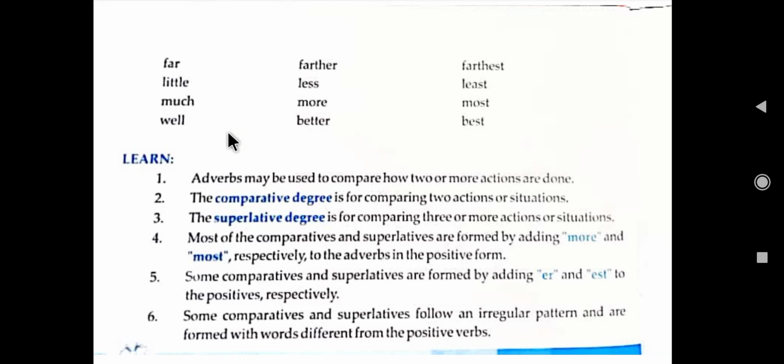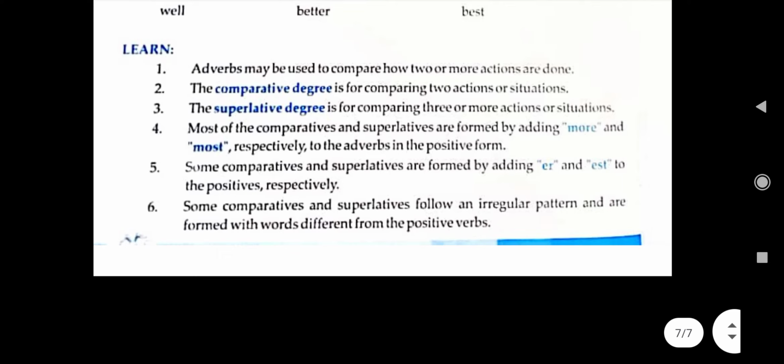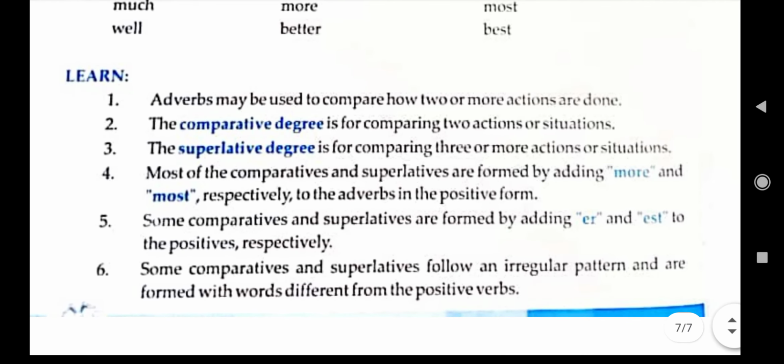So now the points that you need to remember, let's recapitulate. Adverbs may be used to compare how two or more actions are done. So we use adverbs of comparison when we have to compare actions. Next one, the comparative degree is for comparing two actions or situations. Very clear, we use comparative degree when we have to compare two actions.